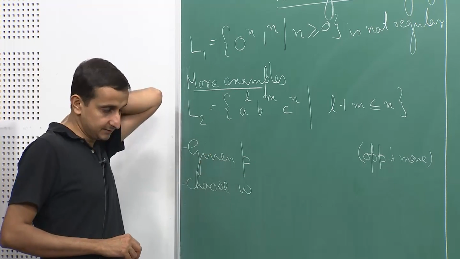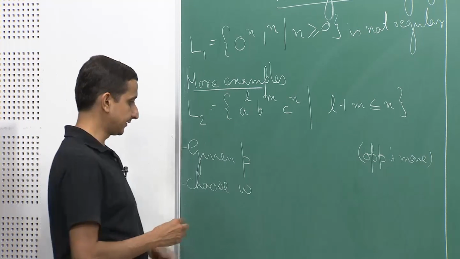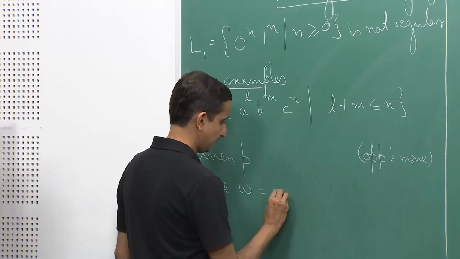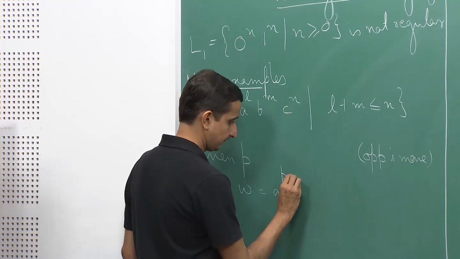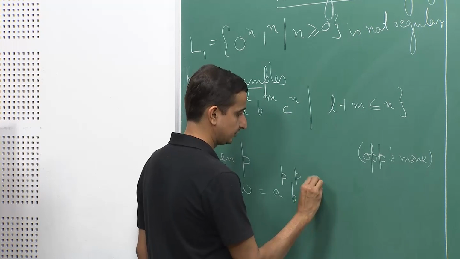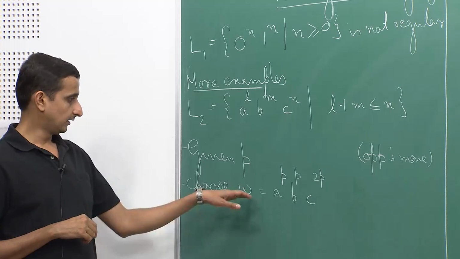So, what string do we choose that belongs to the language? In this case I will choose the string w equal to a to the power p, b to the power p and c to the power 2p. Now, let us verify.